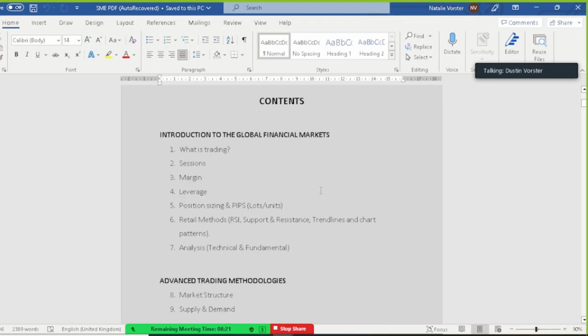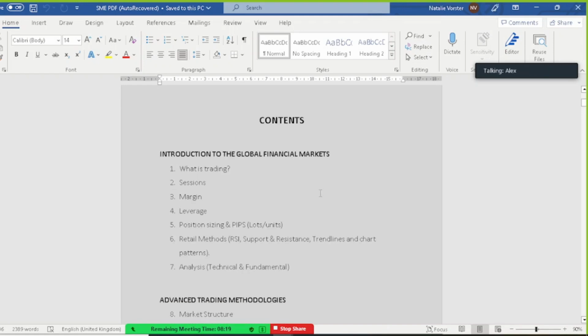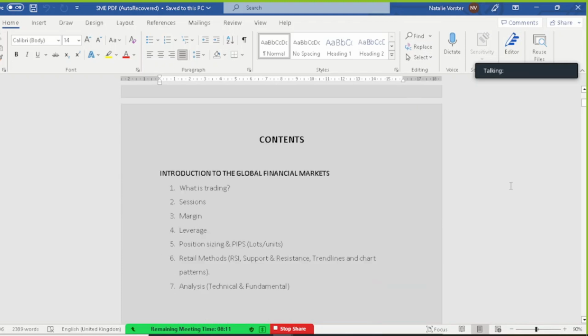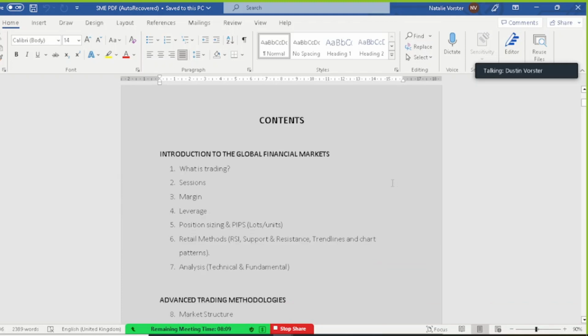Here it is. Can you still see my screen? Yes. Okay, busy checking your content page. So we're going to try and not make it too long, but we've been working very, very hard on this. This is some real introductory stuff for people that don't even know what pips are, and leverage, and what trading is.